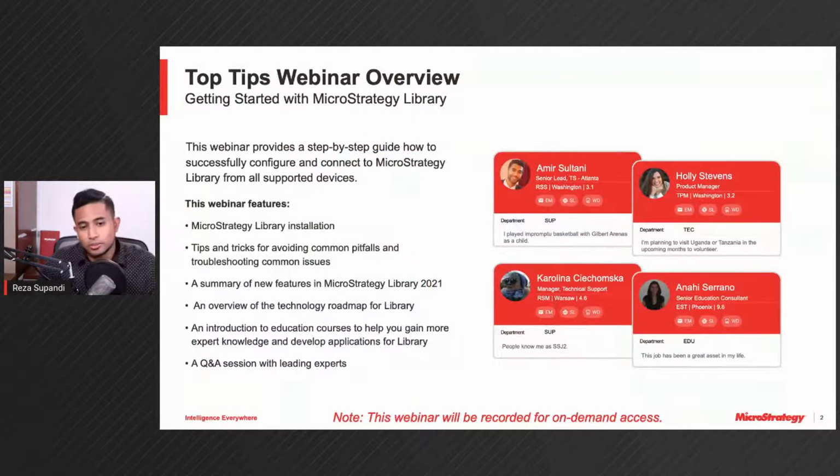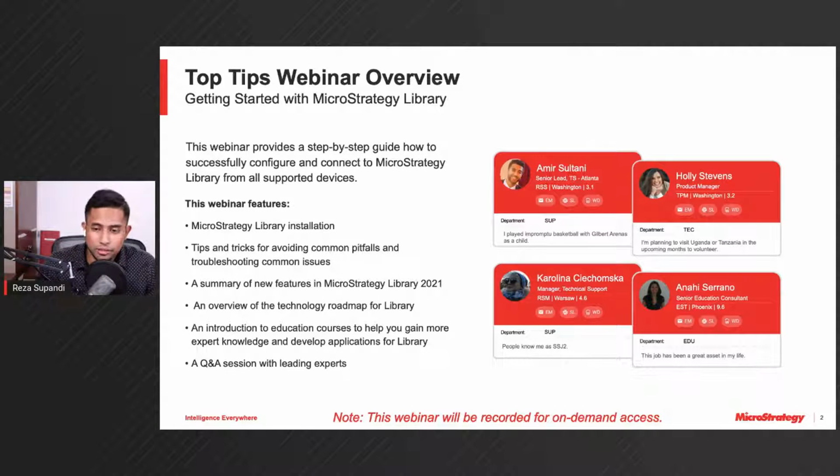For today's session, we're joined by a group of our library experts. You're going to hear from Amir Sultani, our senior lead from the North American support team. Amir will be sharing an overview of MicroStrategy Library installation and configuration processes, and he will also share several tips and tricks to avoid any common pitfalls. We'll also have Holly Stevens with us today.